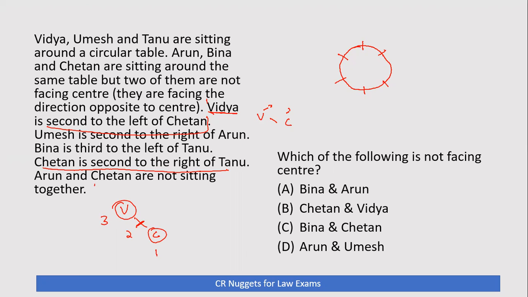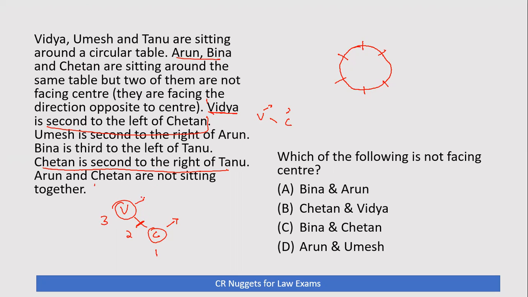If Vidya is second to the left of Chetan and both are facing inside, then automatically Chetan is to the right of Vidya, isn't it? We anyways know that Vidya is facing inside, because two people out of A, B, C are facing outside.